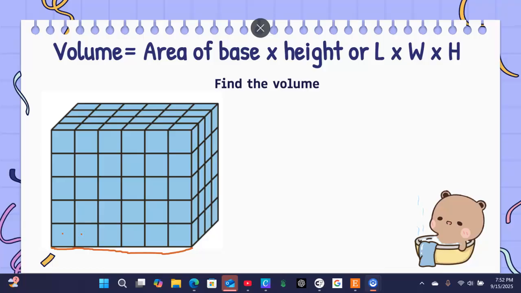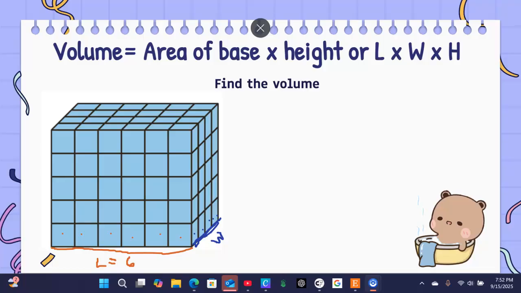I have 1, 2, 3, 4, 5, 6. Okay, so I'm going to write the letter L down here. That equals 6. Next one, let me go ahead and make that blue. And I'm going to call that my width. Again, that is diagonal. 1, 2, 3, 4. Okay.